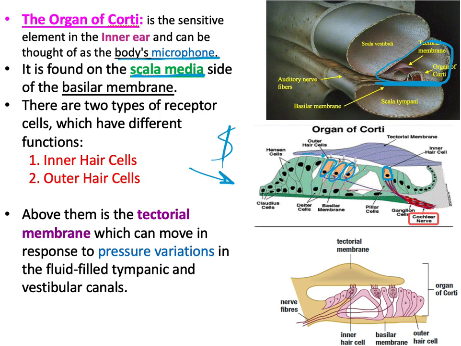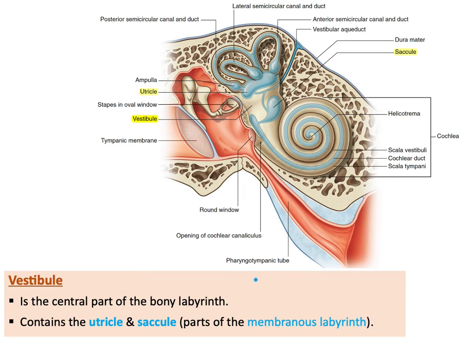Above there is a tectorial membrane which moves in response to the movement of the hair cells and the endolymph, in response to pressure variation. And you see here, the hair cells above the tectorial membrane sense this movement and are connected to the cochlear nerve.